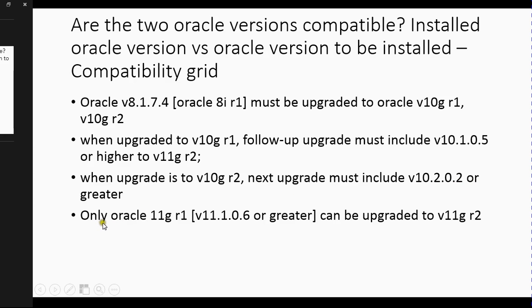And also, if you have Oracle 11gR1, to upgrade to Oracle 11gR2, you would have to have this specific patch, 11.1.0.6, or anything greater than this, to be able to upgrade to version 11gR2.